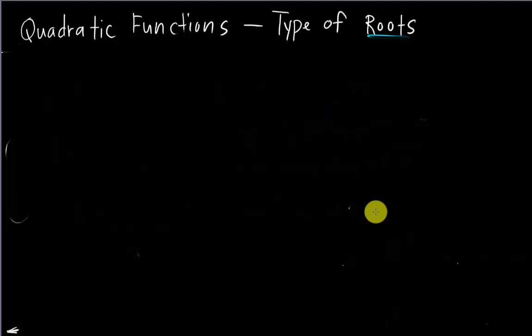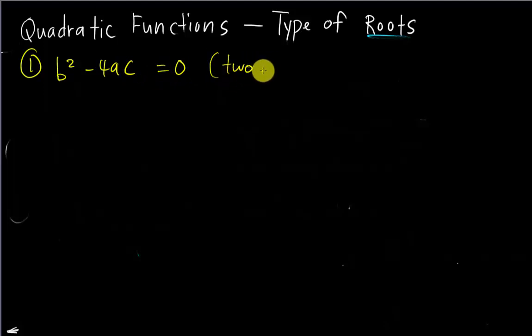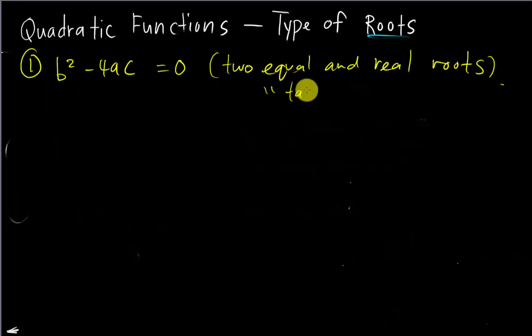The first one is whenever you see b squared minus 4ac equals 0, it means 2 equal and real roots. You always see the word tangent. Either the curve is tangent to the x-axis, or the curve is tangent to the straight line.